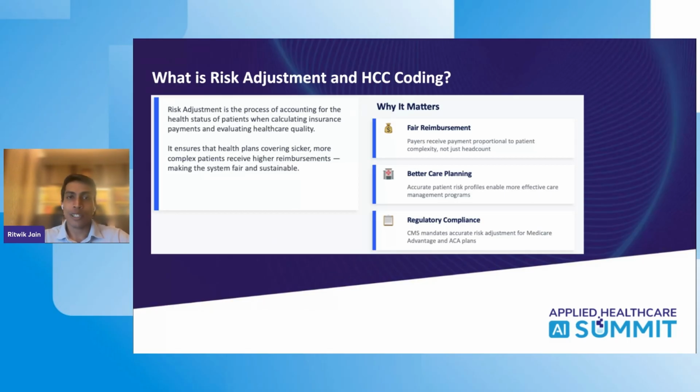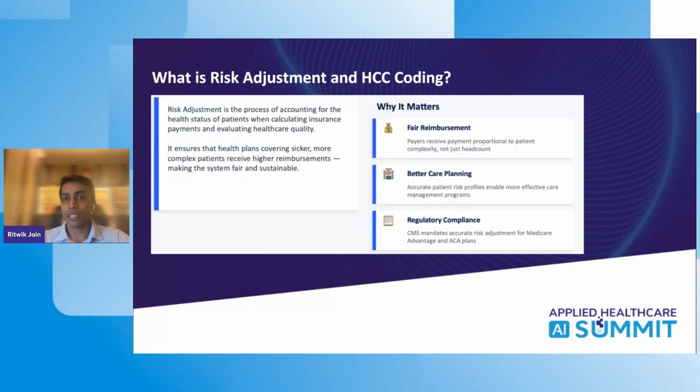So let's start with a question most people outside of healthcare have never had to think about. How does an insurance company know how much money it actually needs to take care of its patients? The answer lies in something called risk adjustment, which is a pretty complex concept. At its core, risk adjustment is the process of accounting for the health status of patients when calculating insurance payments.